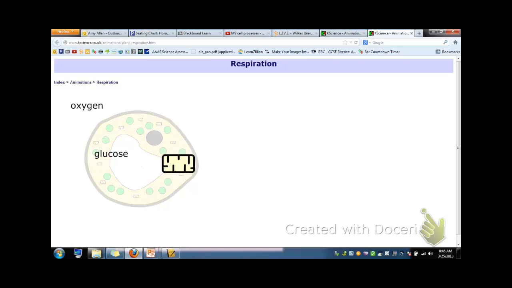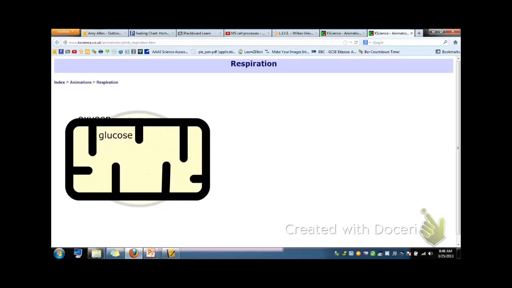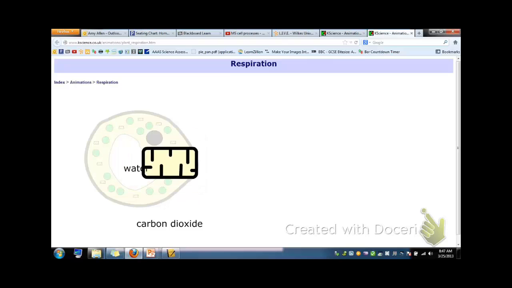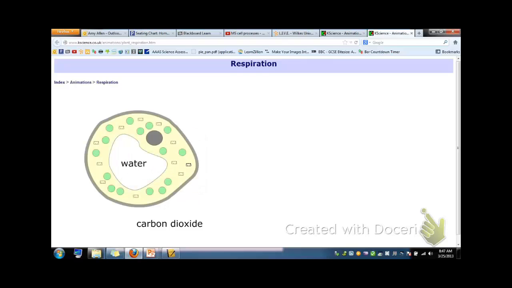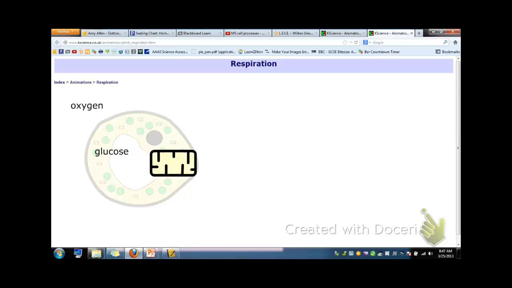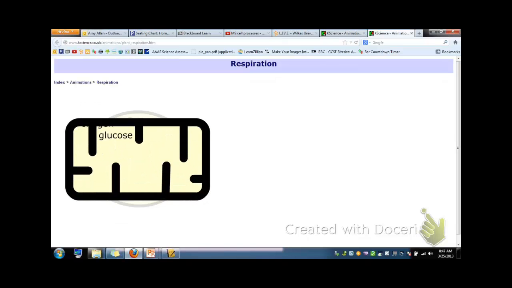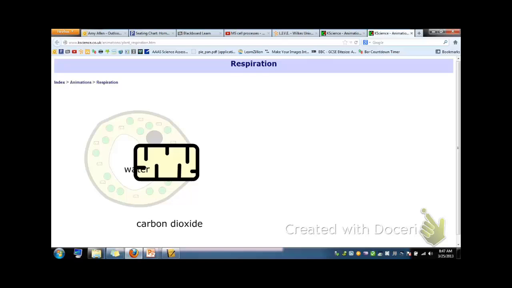Glucose goes into the mitochondria, and oxygen goes into the mitochondria. What goes out of the mitochondria? Landon. Carbon dioxide and? Wait for it. That was in. This is out. Water.